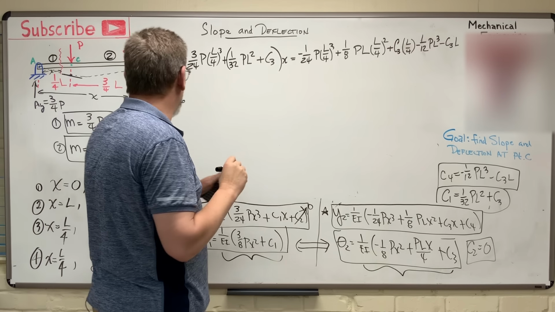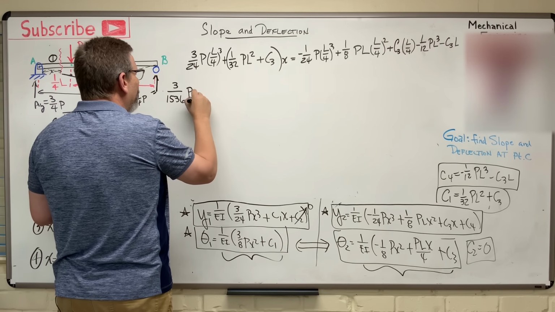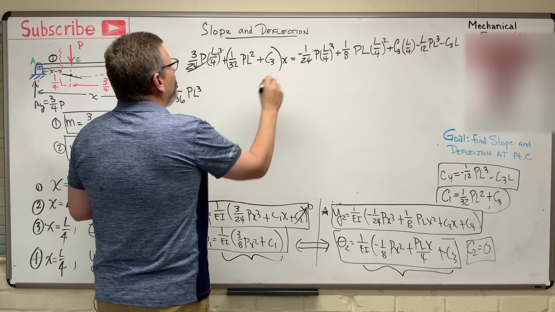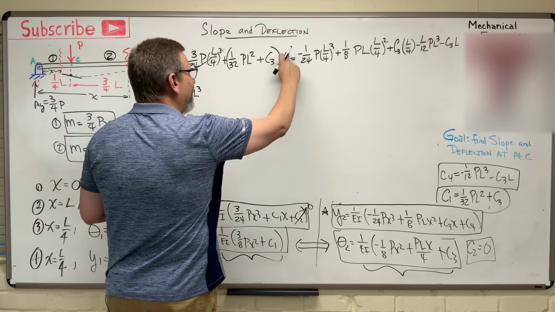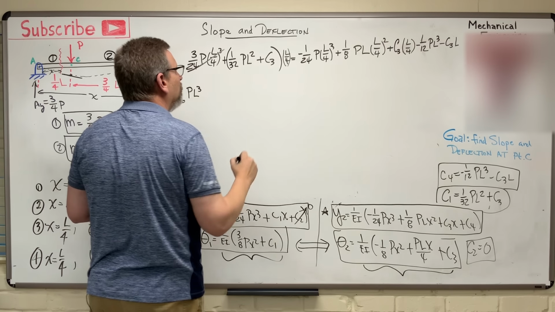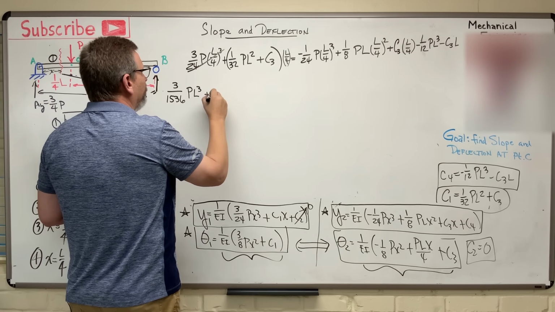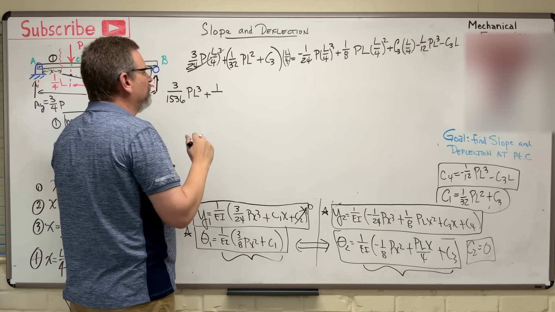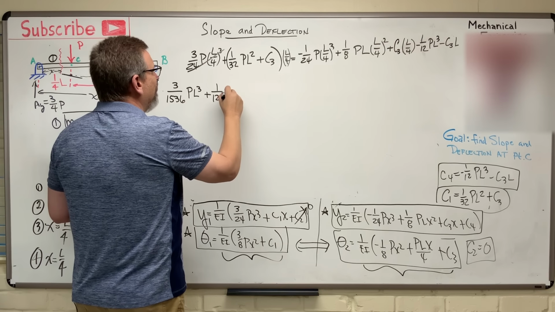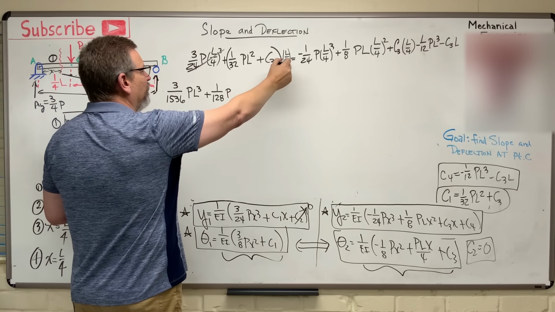Plus, yeah, that's good. PL cubed, that's this one, done. And this one, oh, times x, no, times x times L over 4. So what's that going to become? Plus 1 divided by 128 P. The 128 was from 4 times 32.